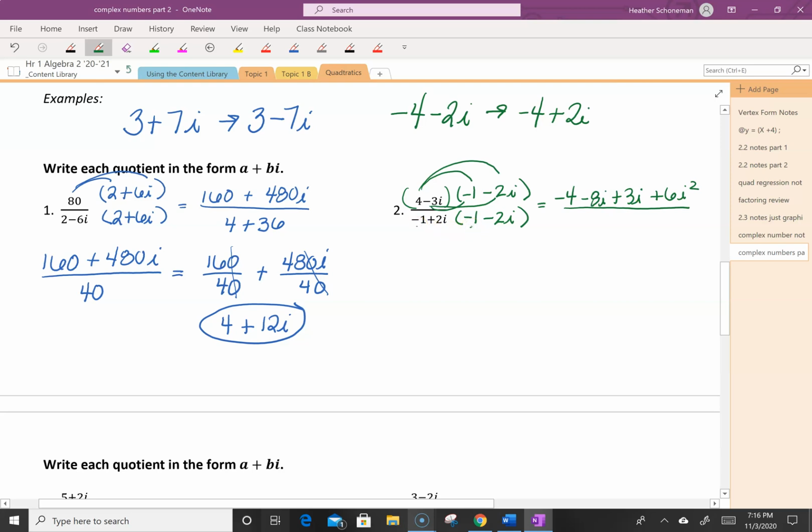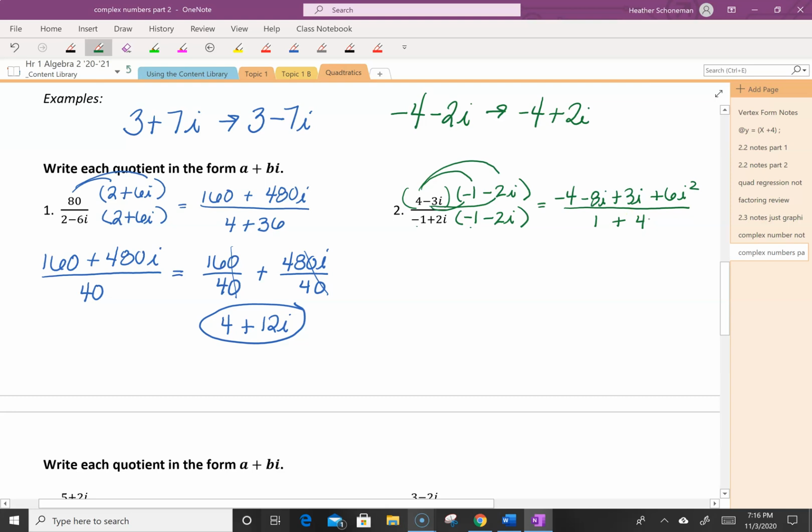Multiply the first 2. Negative 1 times 1 is negative 1. On the bottom, 2i times negative 2i would be negative 4i squared. But i squared is negative 1, so it's going to really turn out to be negative 4 times negative 1, which would be positive 4.